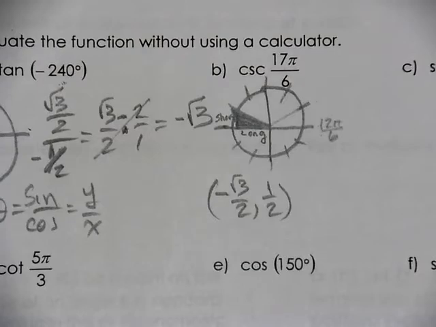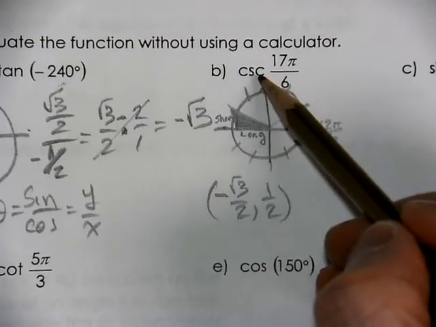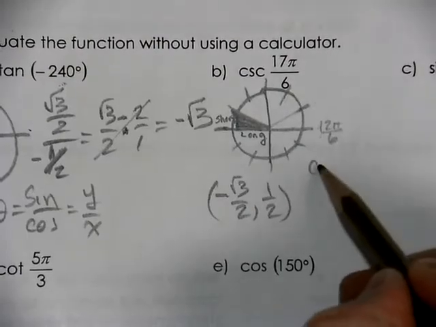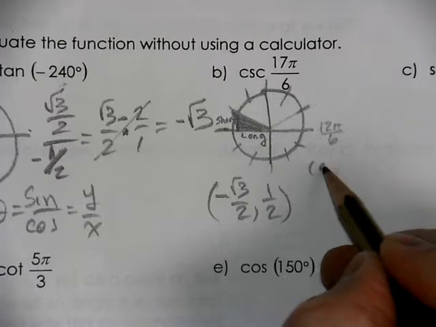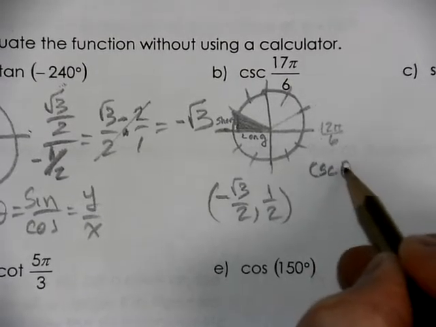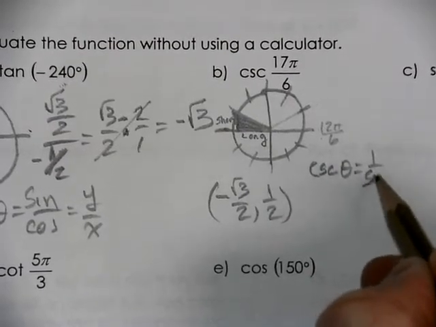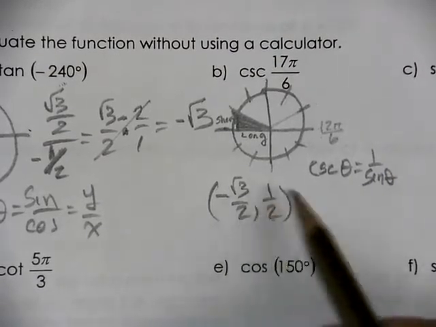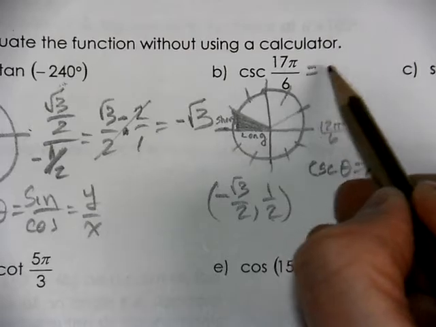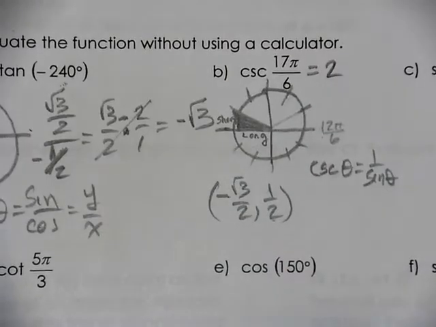It's positive if you're going up. So there's your coordinate. Cosecant. Well, cosecant of any angle is 1 over sine. So I need to take my sine and do the reciprocal. So cosecant is going to be 2.